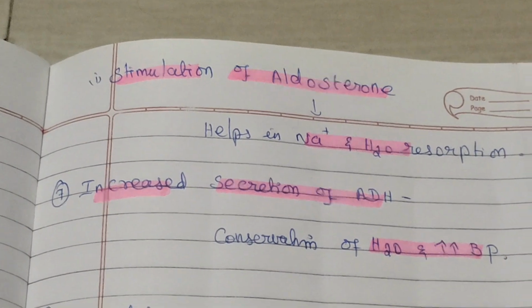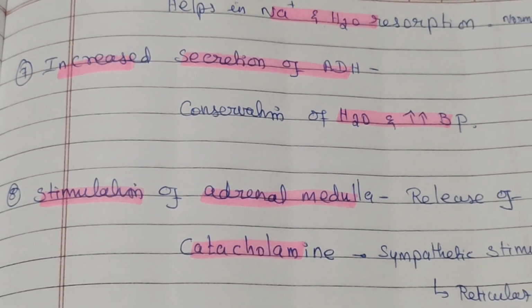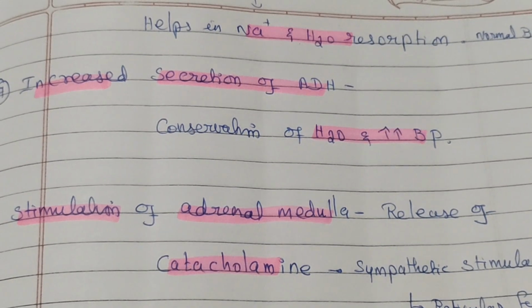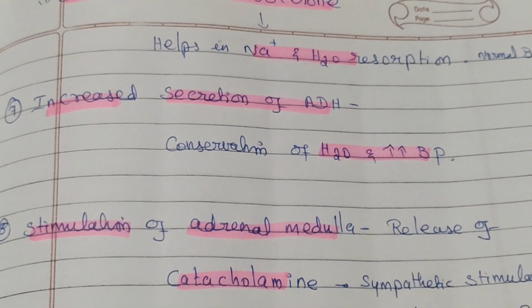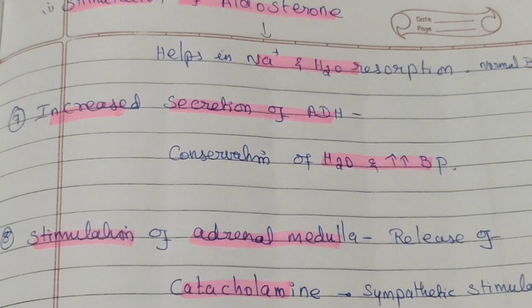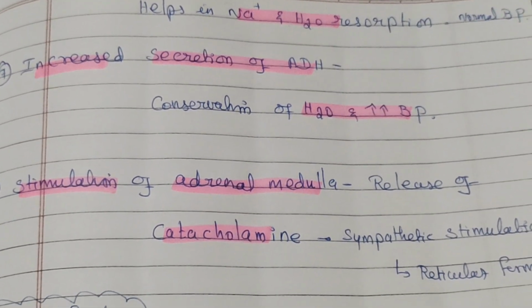Next is increased secretion of ADH from the posterior pituitary. When ADH is produced, there is again conservation of water, trying to increase blood pressure.